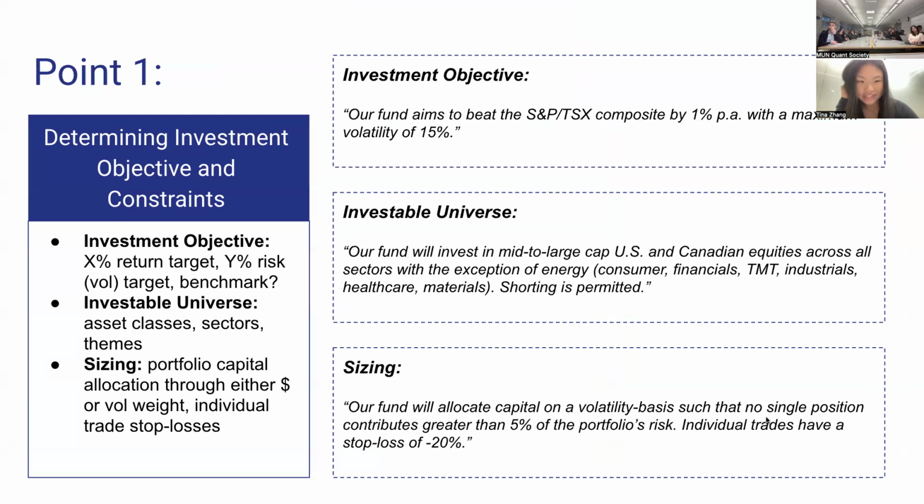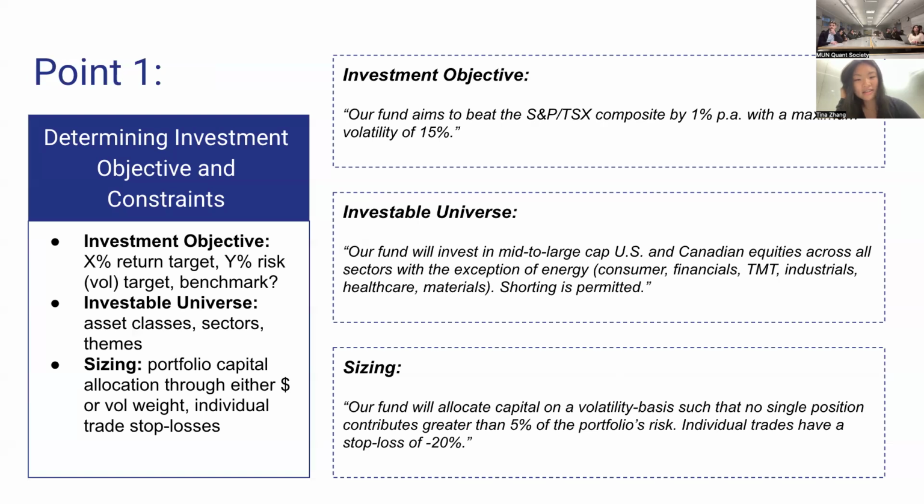Yeah. Cool. Just to illustrate for you guys what this might look like, your investment objective. Again, to go back to the trading bot that you guys would be designing, it could be interesting to clarify what exactly your target is. Obviously everyone wants to make money in the market, but having a specific goal can help you really narrow down your investable universe and the strategies you're going to employ.